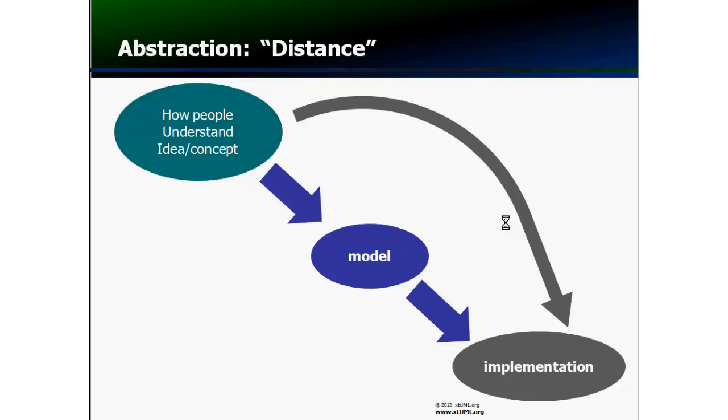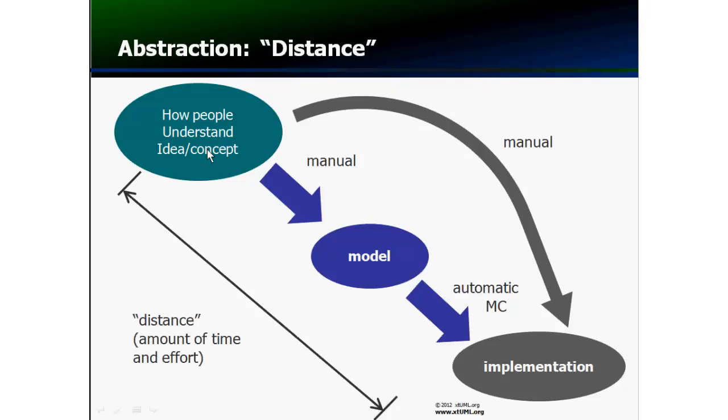Modeling gives us an alternative path from the idea to the implementation, and it's a two-step path. First step, converting the idea into a model. Second step, converting the model into the implementation. Now, the steps are not identical, and the building of a model is something that we must do with our hands and our minds, and the conversion of that model to an implementation, however, can be automated, perhaps with a model compiler.